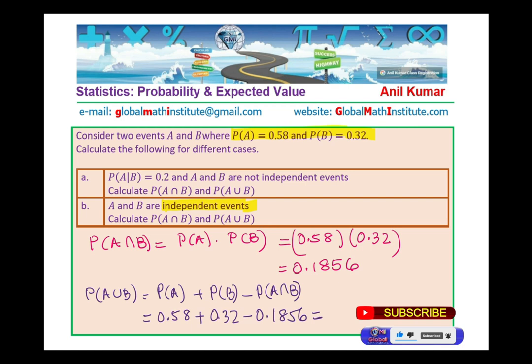So that gives you 0.7144. Right? You can say approximately 0.7. Correct? So that is how we'll find the probability of A union B.